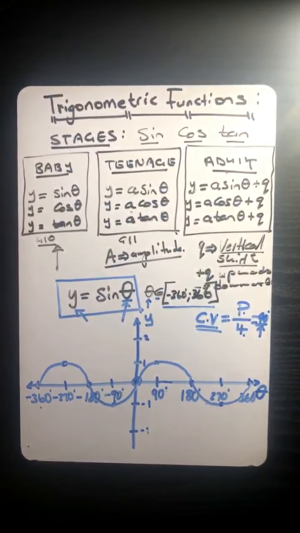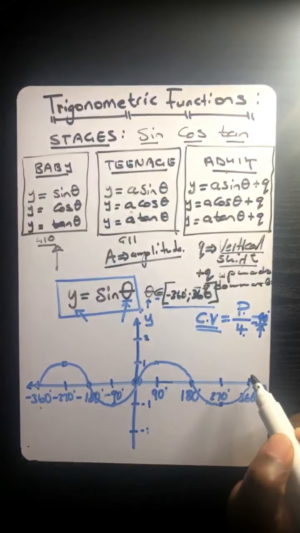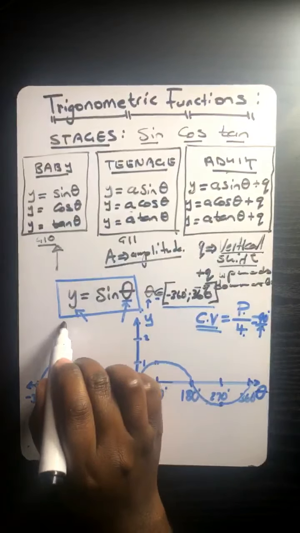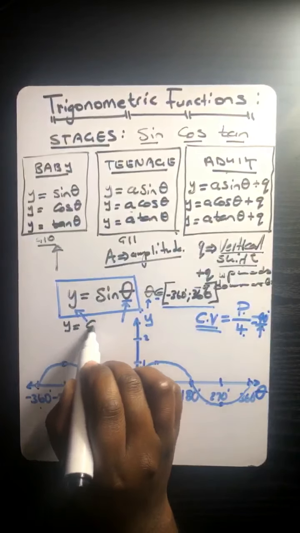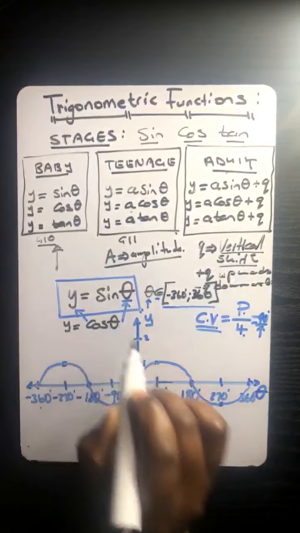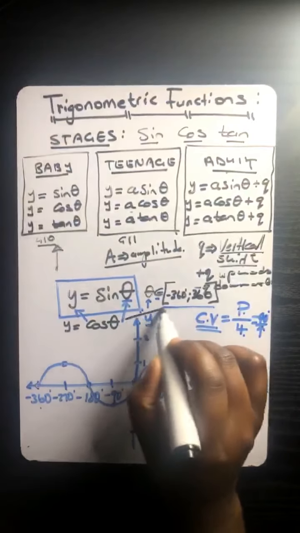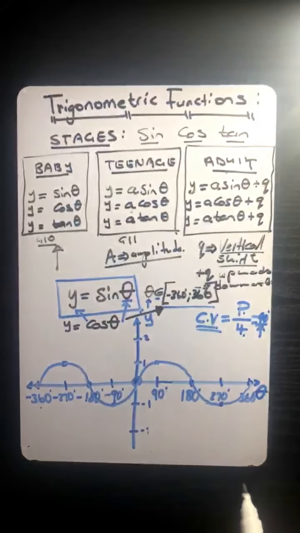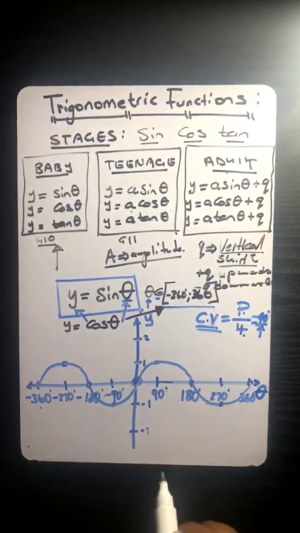On the same set of axes, sketch the function y equals cos of angle, having that same interval. Notice something, guys.